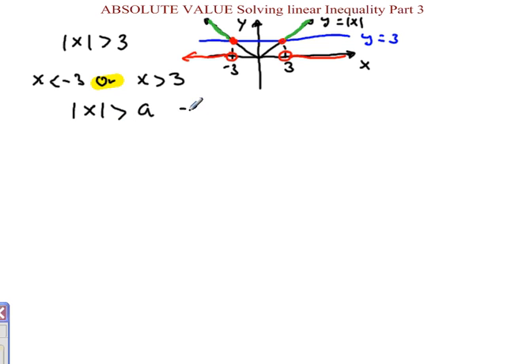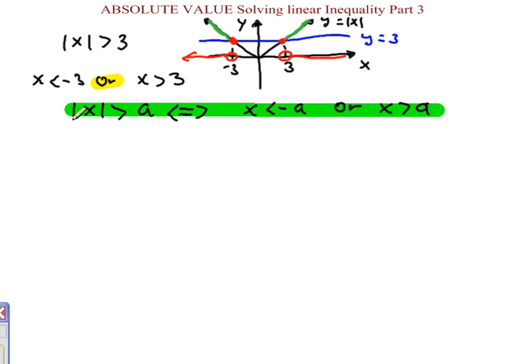So this time, this is equivalent to two separate sets: when x is less than negative a or x is greater than a. Very important. Must know this. So regardless how complex the question is, if you know the fundamentals, you're always going to do right. No question about it.